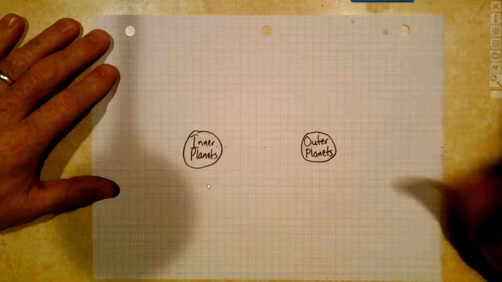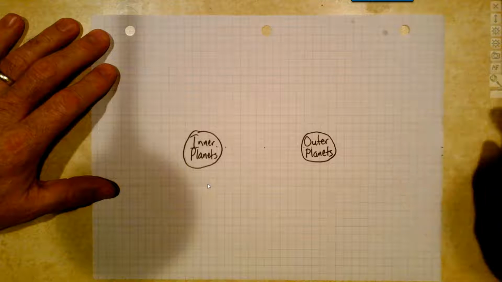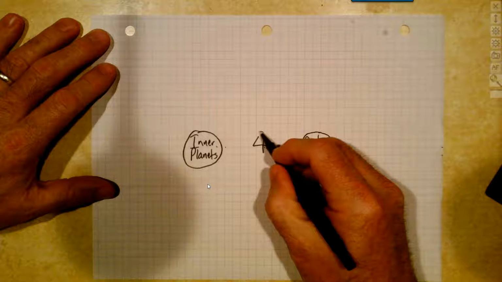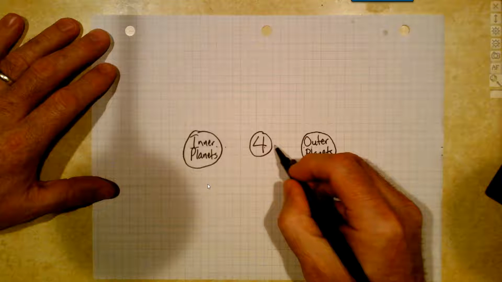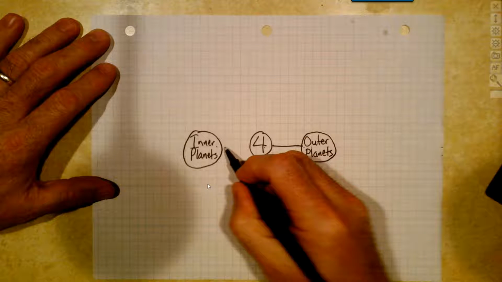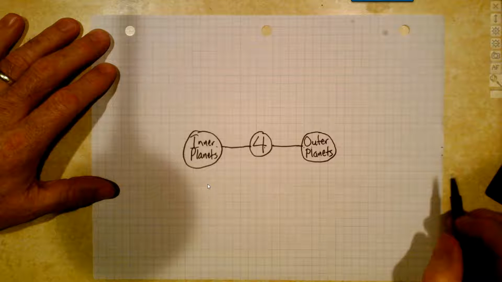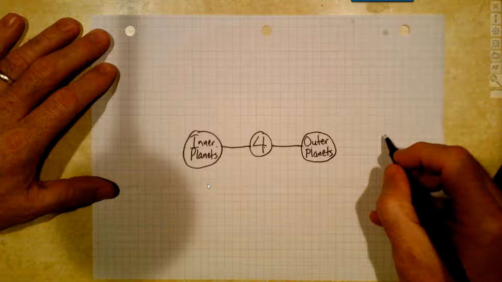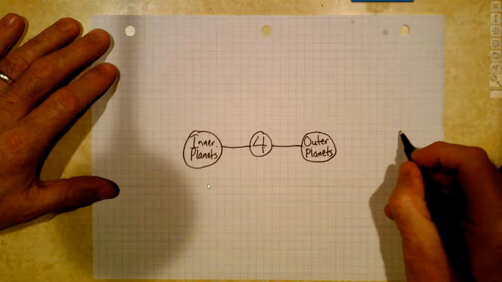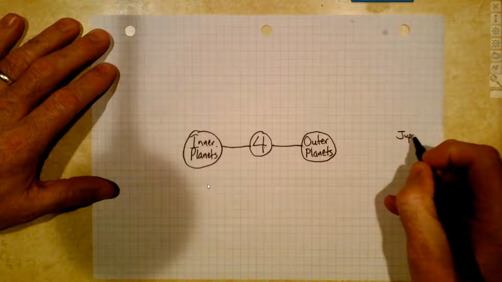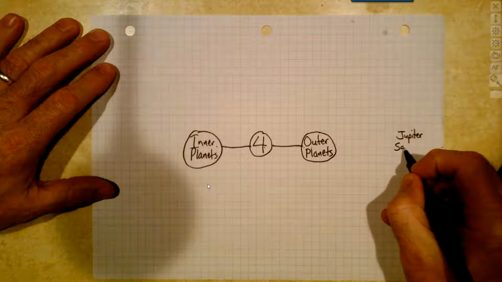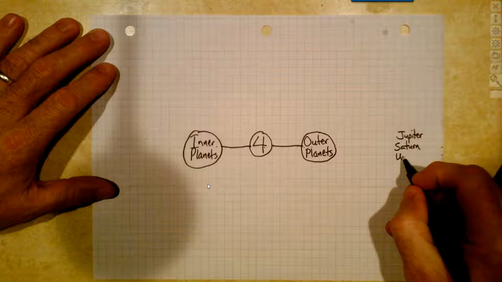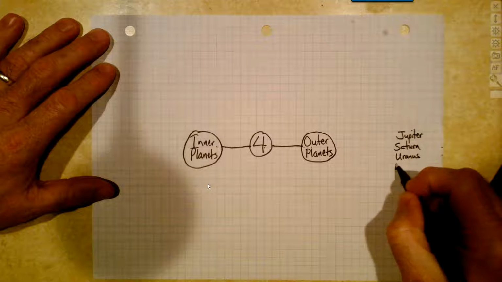So for example, with inner and outer planets, there are 4 inner planets and there are 4 outer planets. So I write and I shape and I connect. Now, related to this, what are the 4 outer planets? Well, we have Jupiter, Saturn, Uranus, and Neptune.